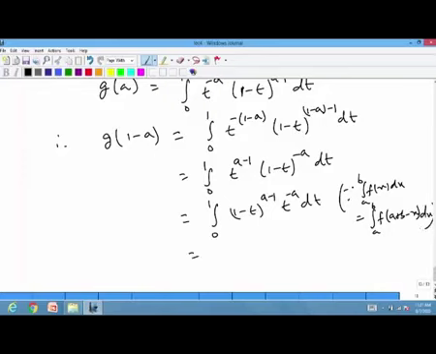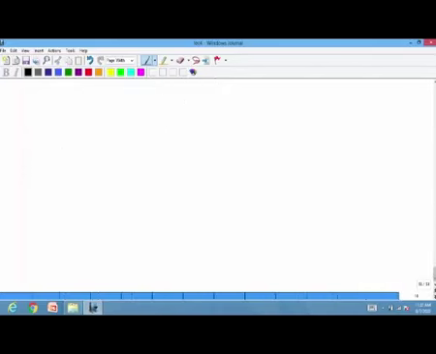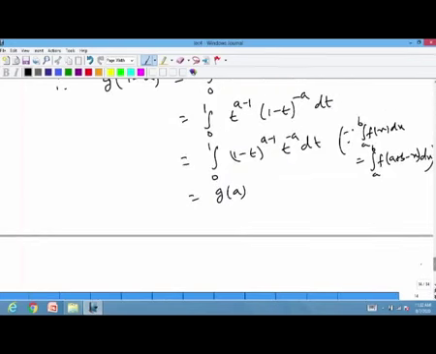So, now this is equal to g of a. So, therefore, we have got that g of a is equal to g of 1 minus a for all a in 0 to 1.